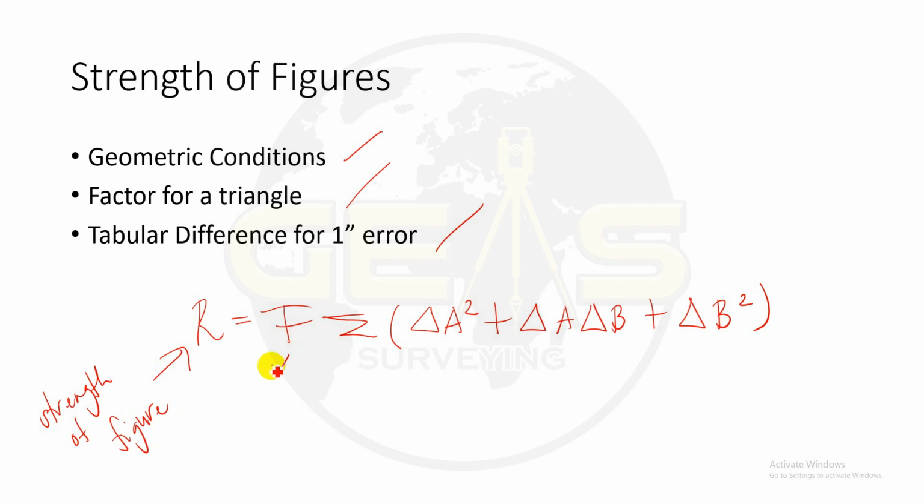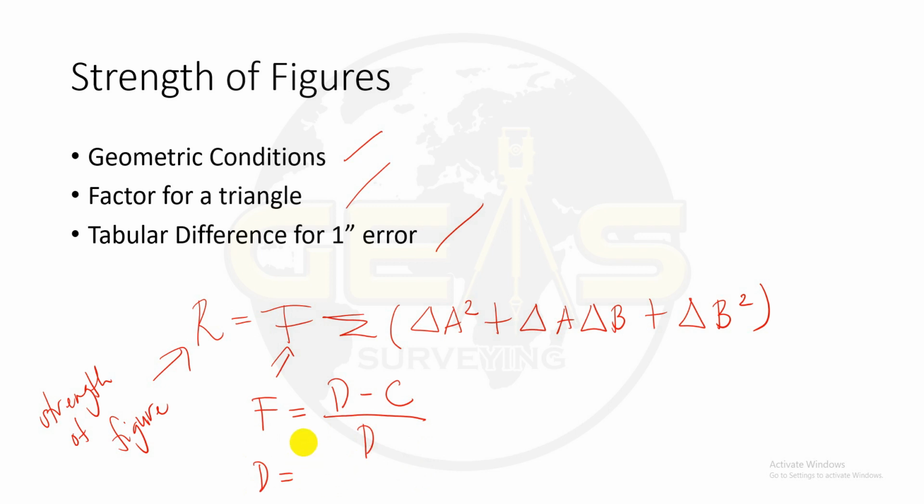Okay, this is the factor F, and F is equal to D minus C all over D. D is the number of directions observed, not including the fixed or known side of a given figure.